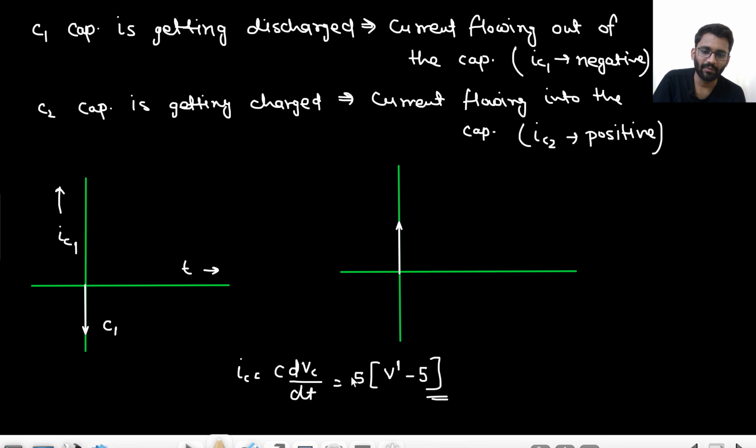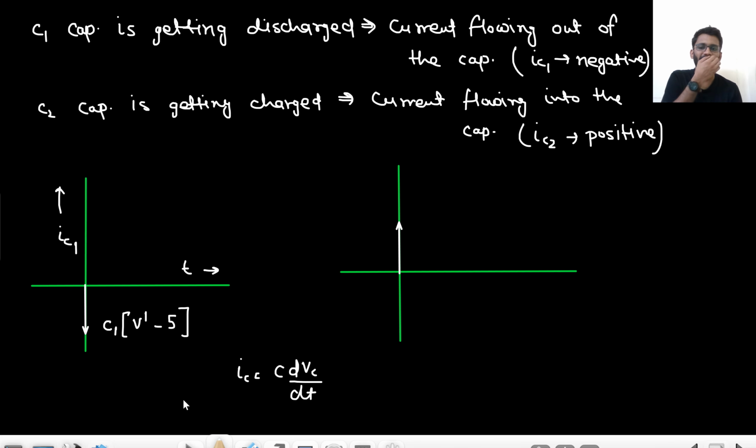And C1 will also be here. So C1, what is the change in potential? I should have written like this. Capacitance is C1. What is the change? Final voltage is V dash. What is the initial voltage? That is 5. So C1 into V dash minus 5. Right? So it will be C1 into V dash minus 5. That is already showing that this is a negative value.